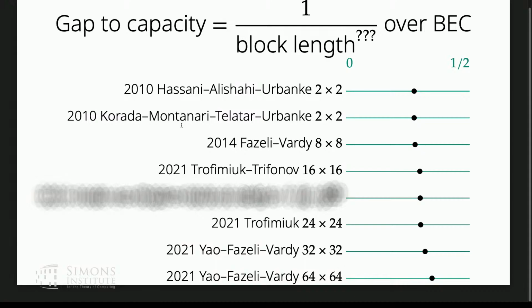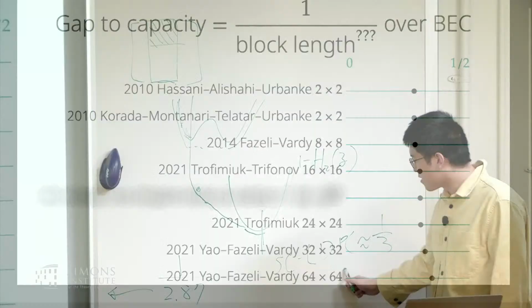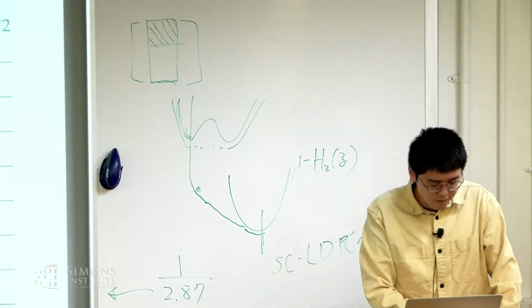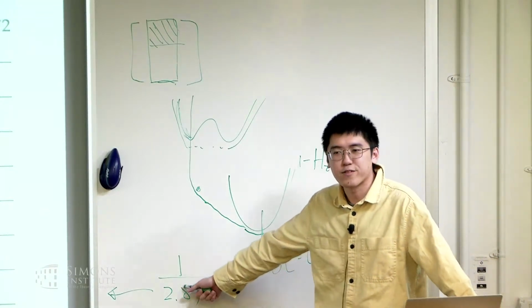The second reason this is interesting is that if you go to the work on spatially coupled LDPC codes, there's a heuristic argument that says that if everything goes well, then spatially coupled LDPC codes will have scaling exponent 3. So I shouldn't write this down, but don't quote me on this. LDPC is about 1 over 3. And this 1 over 2.8 is better than 1 over 3. So even if you take into account that, oh, maybe I should accept this heuristic argument because physicists are always right, this kernel is still better.